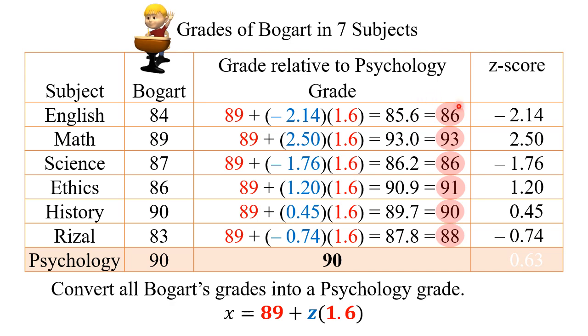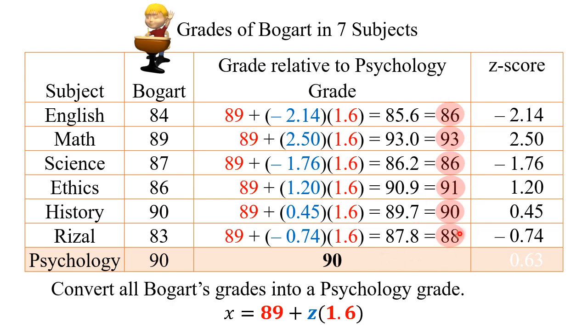So we can now directly compare once we were able to convert them into another grading system. So that's how we use this concept, class. We cannot directly compare right there and then. First, we need to convert them into z-scores. Then if you want to convert your grades into another grading system, like the psychology grade, we can use this formula and see the differences.